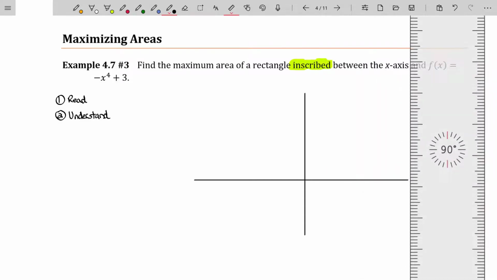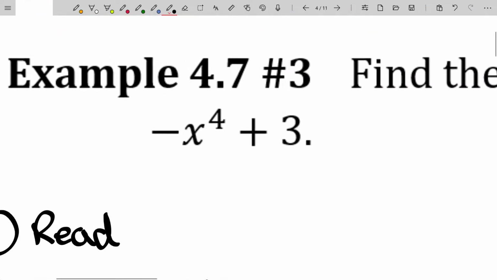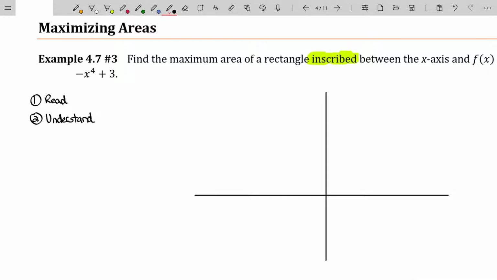The function itself is an upside down parabola-like function. When x is 0, y is 3. So 1, 2, and 3. And this reaches the x-axis when x to the fourth is 3, or at 3 to the 1/4 power.